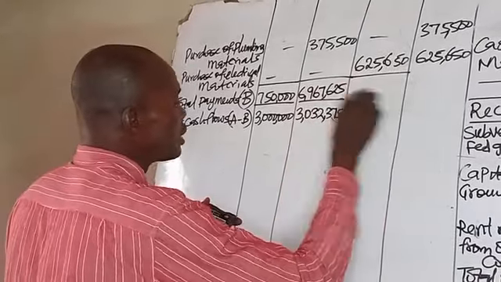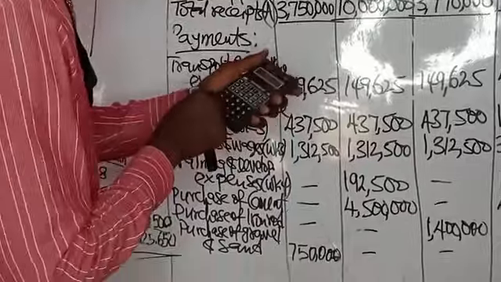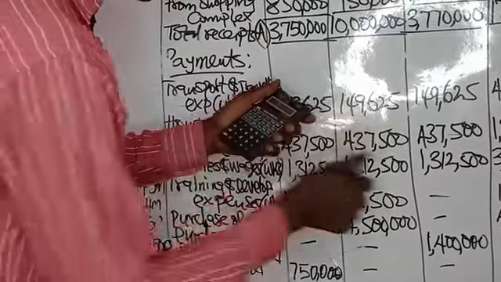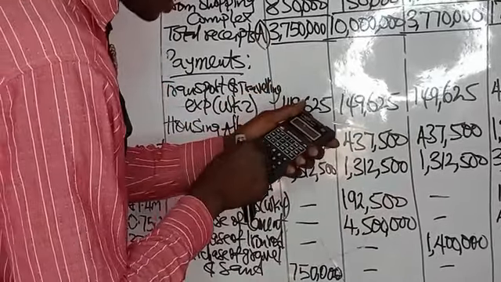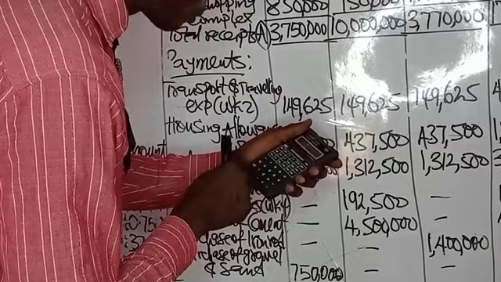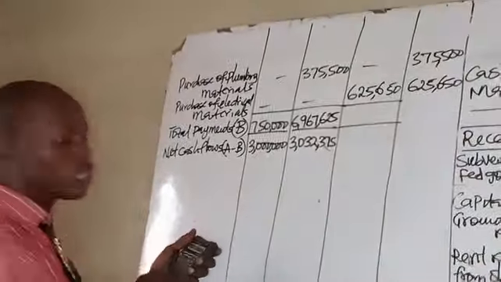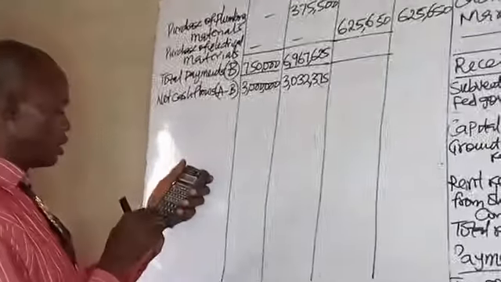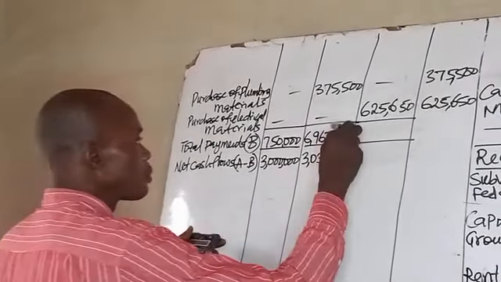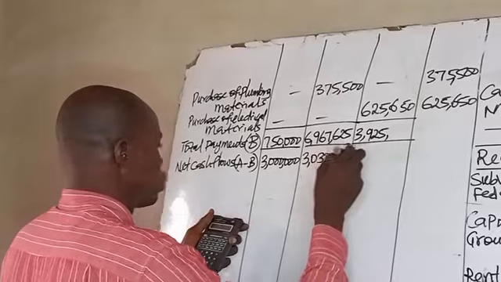Then in the month of March, the payment is total 149,625 plus 437,500 plus 1,312,500 plus 1.4 million plus 625,650. The payment in March is totaled 3,925,275.